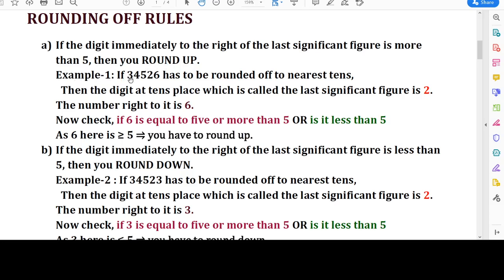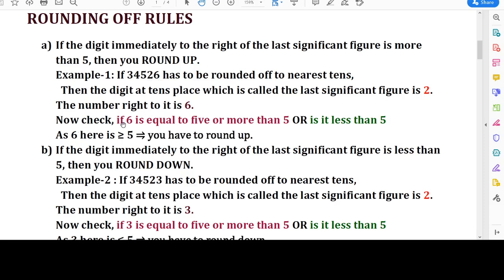If this number 34,526 has to be rounded off to the nearest tens, the last significant figure will be of tens place. The digit at tens place, which is called the last significant figure, is 2. And the number right to it is 6.